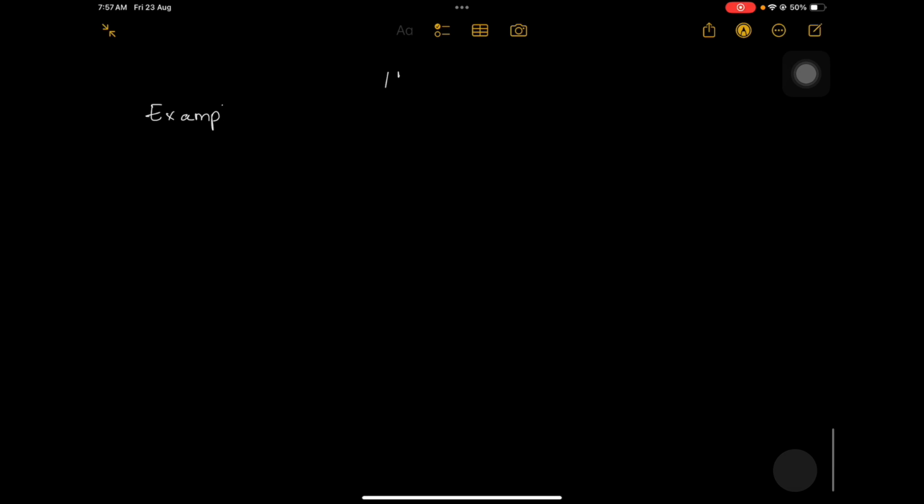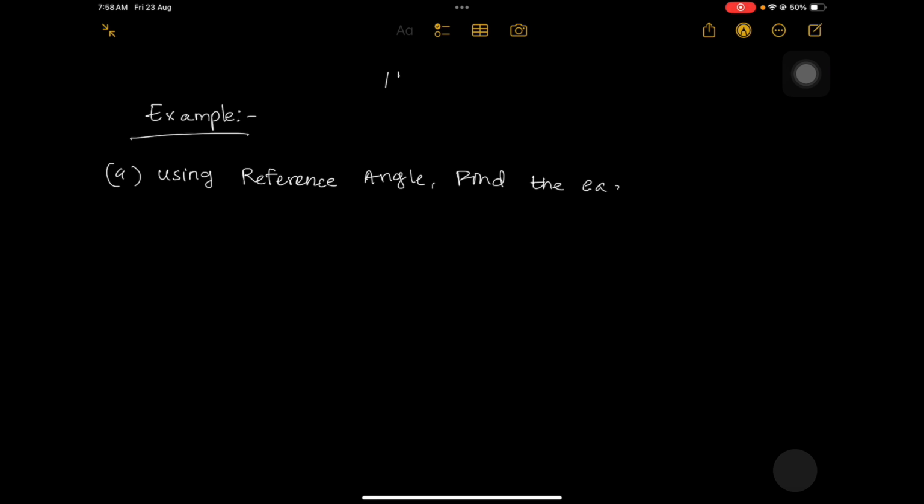Example: using the reference angle, find the exact value of cos 150 degrees, comma, sin 150 degrees.